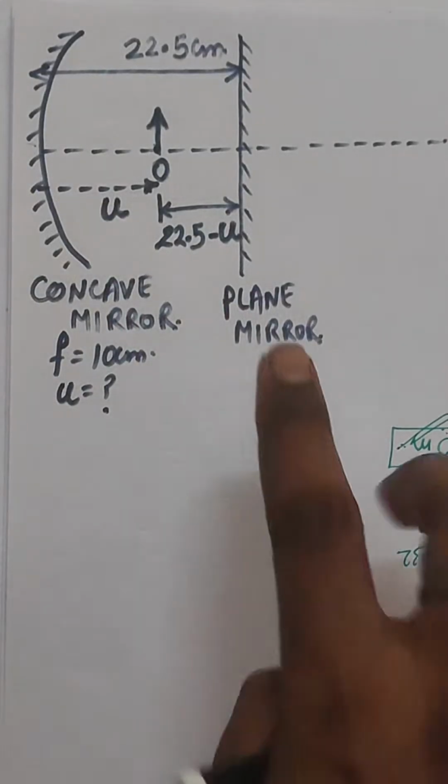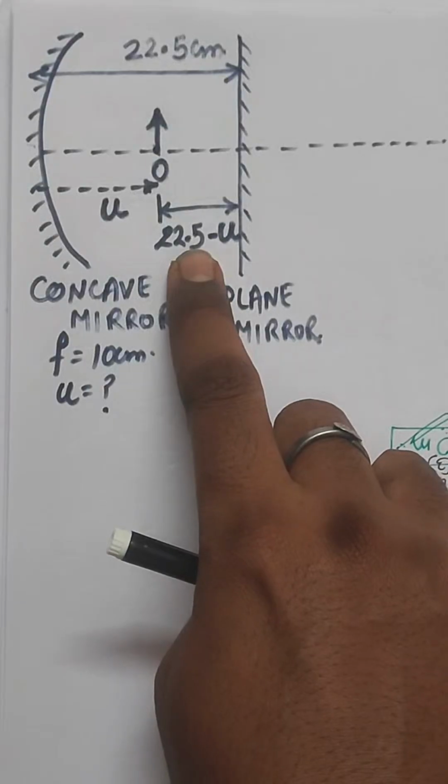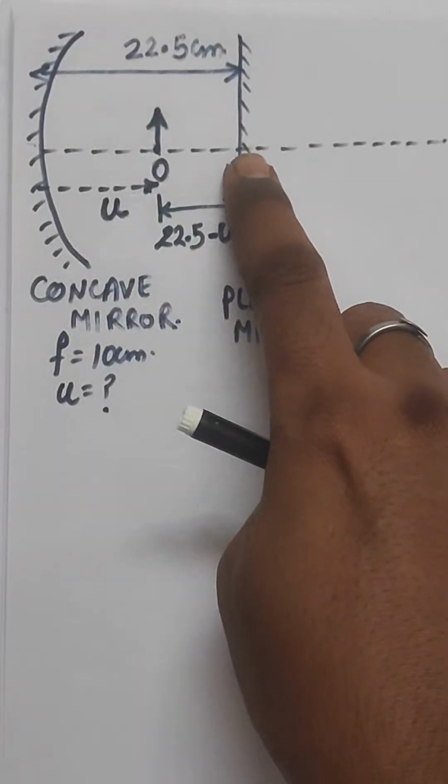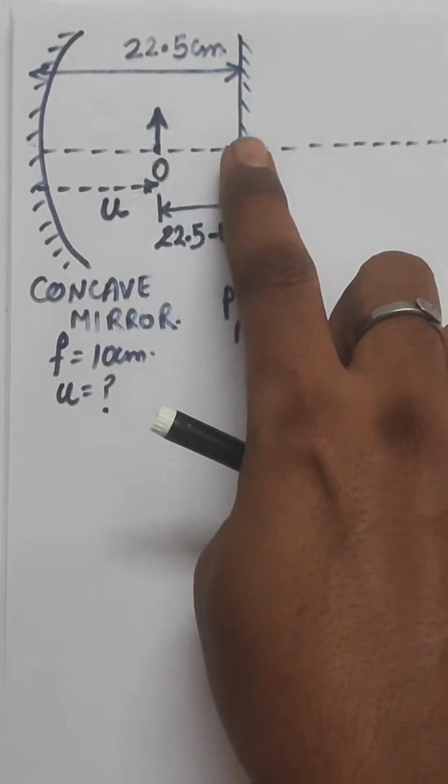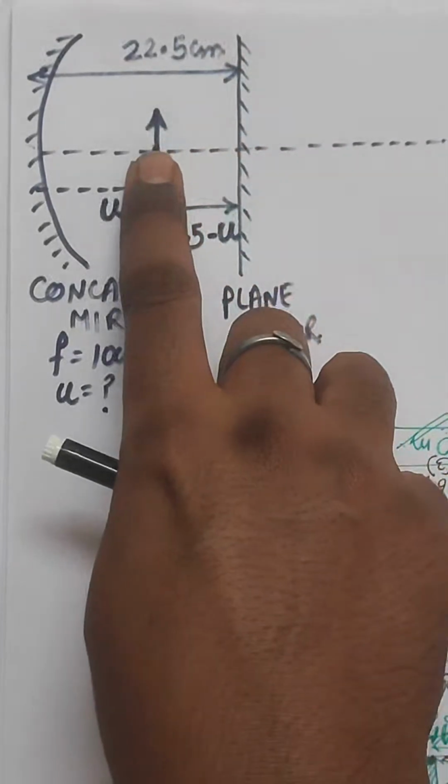If this is 22.5 minus u, then definitely for a plane mirror, the image will be formed at the same distance at which the object is placed.